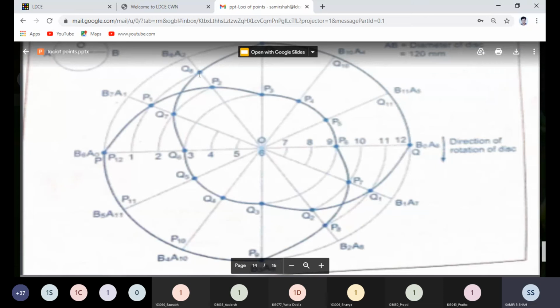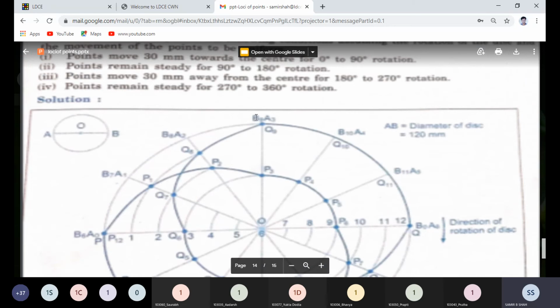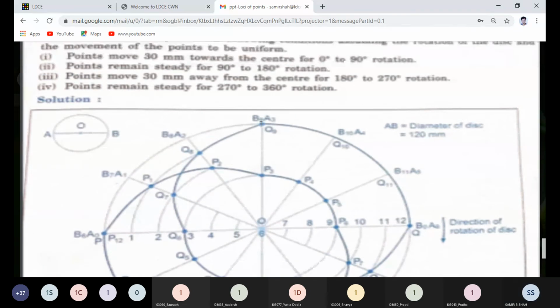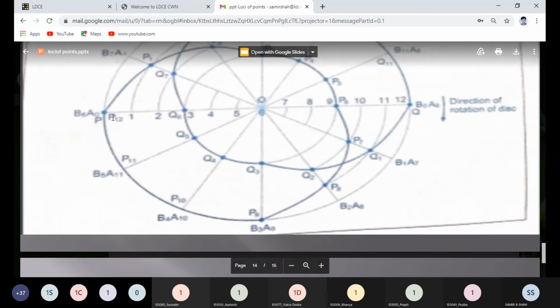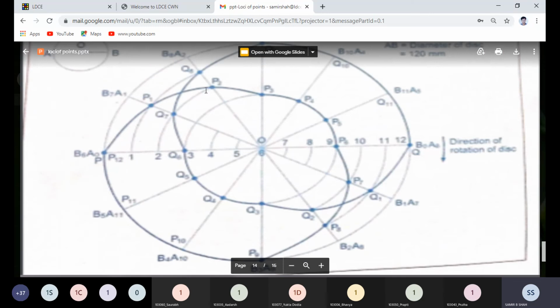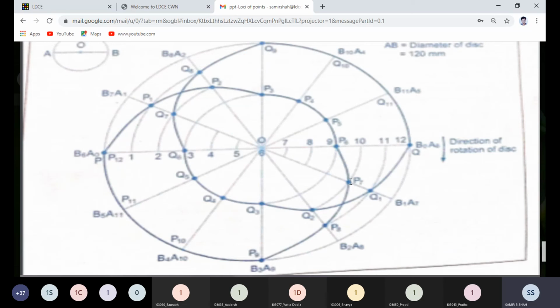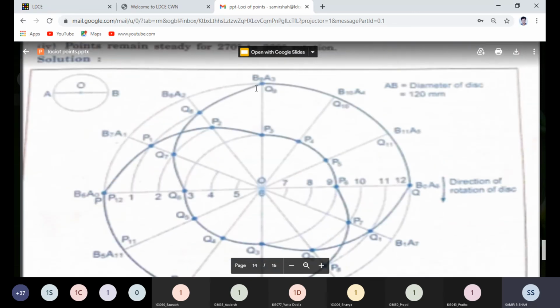We are getting Q8, and once again it raises 1 centimeter, so we are getting Q9. In this way we are getting P0, P1, P2, P3, then P4, P5, P6, then P7, P8, P9. Same way, Q0, Q1, Q2, Q3, Q4, Q5, Q6, Q7, Q8 and Q9.